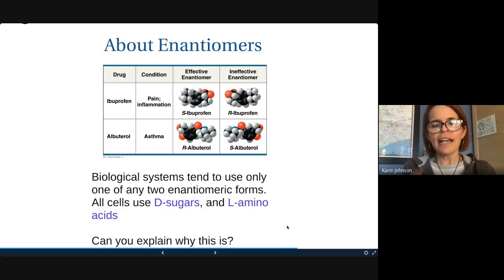But it turns out, for example, all cells only use one type of sugar. Why don't they use the other type of sugar? The implication is that all cells have descended from one kind of cell that used that one type of sugar, and everybody else just followed suit because they're all related to that original set of cells that populated our planet.